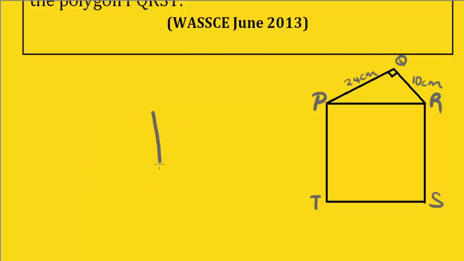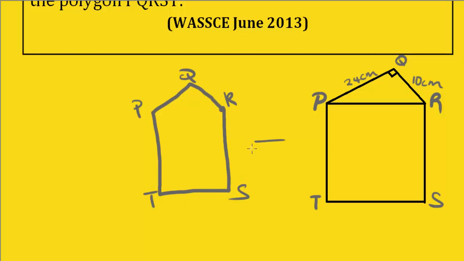Or rather, it's hard to draw a straight line, I'm sorry about this. P, Q, R, S, T. So you can compare this with this and see that PQRST is the polygon I'm referring to, and this is PQRST. PRST, the square, is very easy to see.